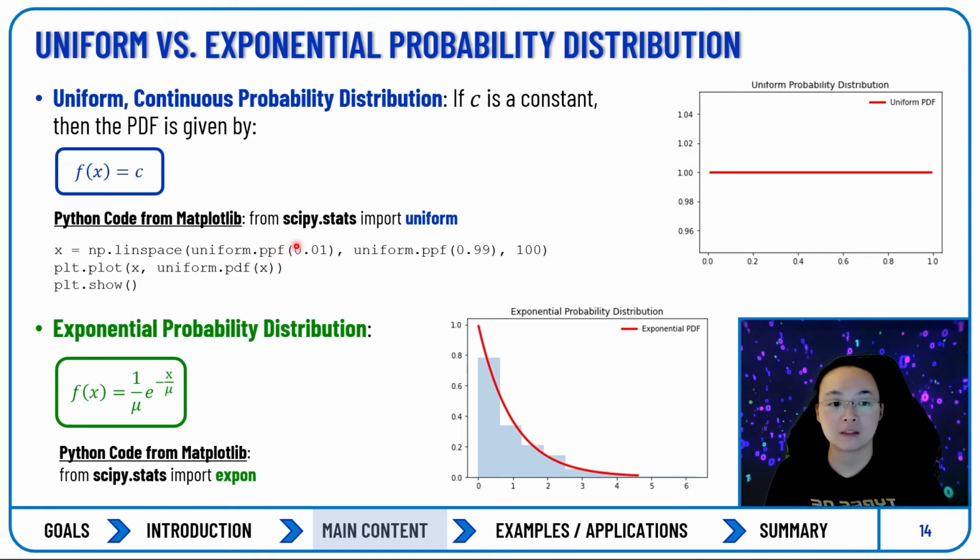We omit the endpoints, 0 and 1, to prevent dividing by 0. Then you can divide by however many data points you want to create your x values, and to get your density values, you can use uniform.pdf of all the x values you've just created to plot a point or a line.